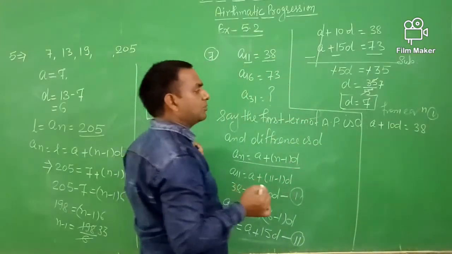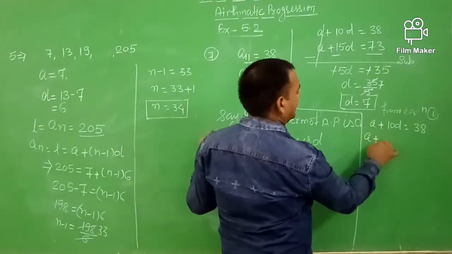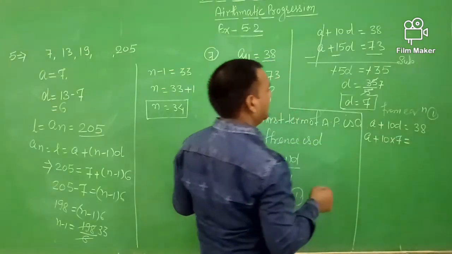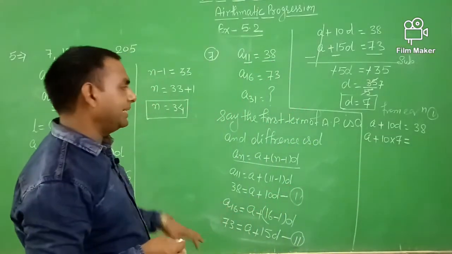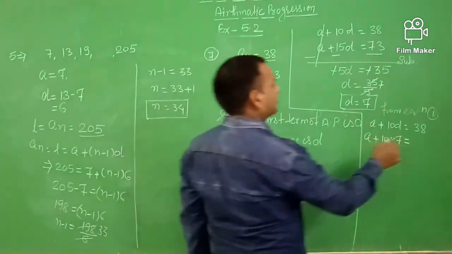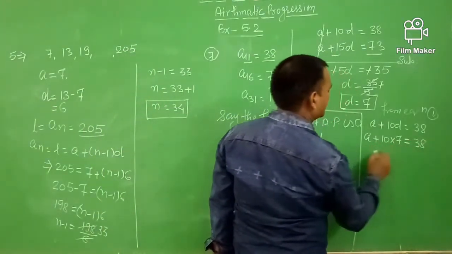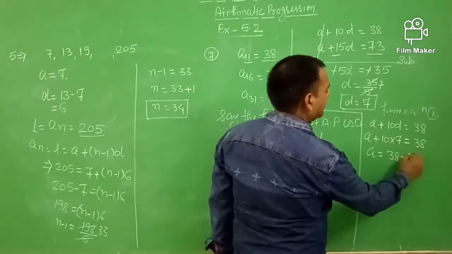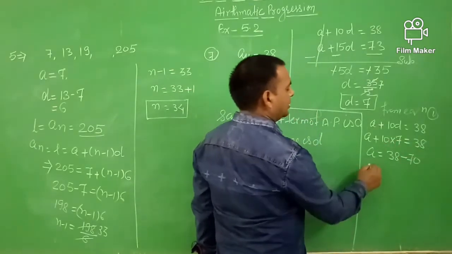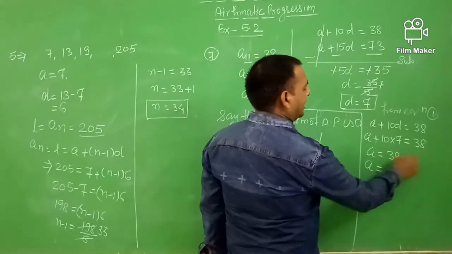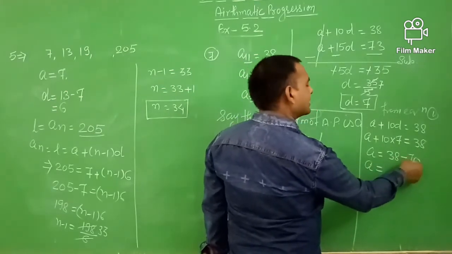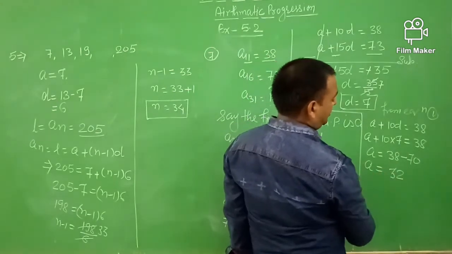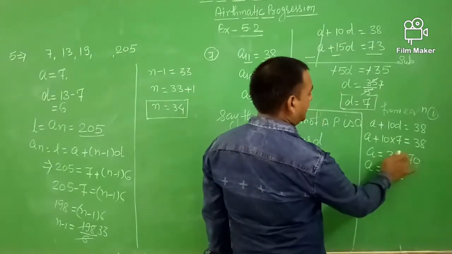The value of d is equal to 7. So a plus 10 into 7 is equal to 38. So a is equal to 38 minus 10 7s are 70. So a is equal to 32.